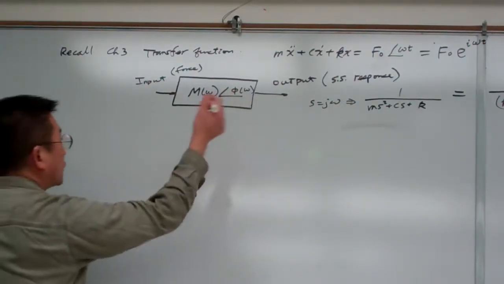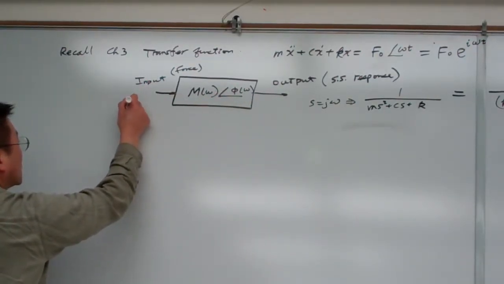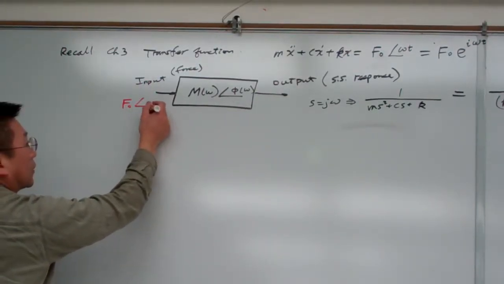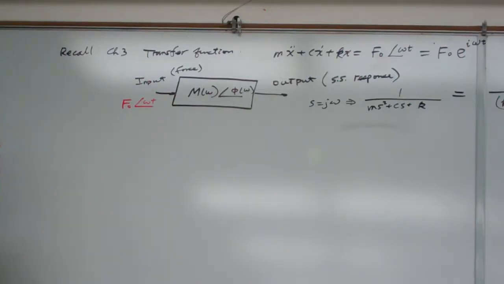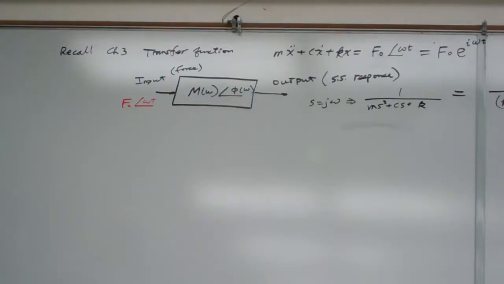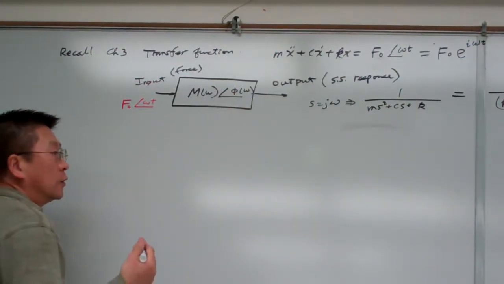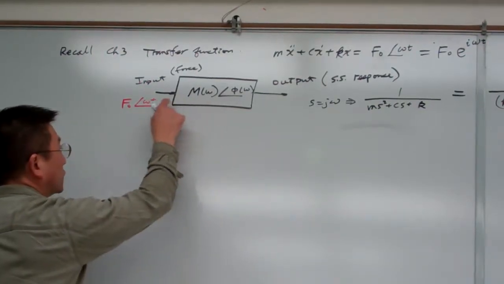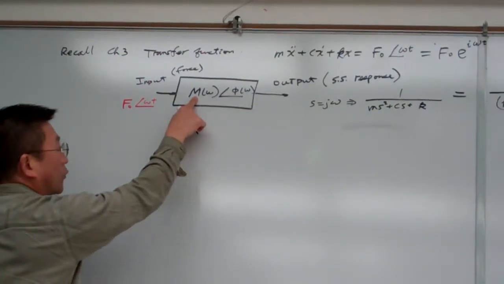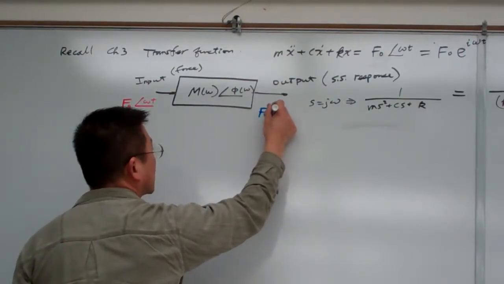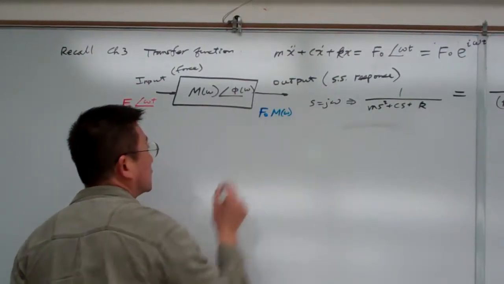Okay, so in this way we can put in our information here. For the input, right now we have a force that has a magnitude F naught, and we have the phase angle omega t. The output has a magnitude which is equal to the magnitude of the input multiplied with the magnitude of the transfer function. So that is F naught times M omega. So that's the magnitude.